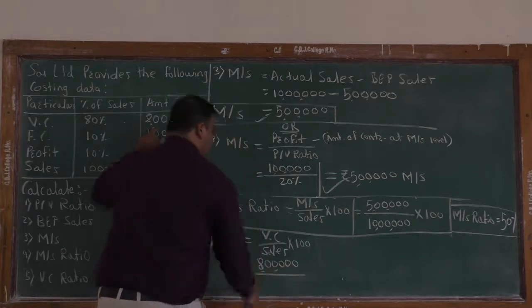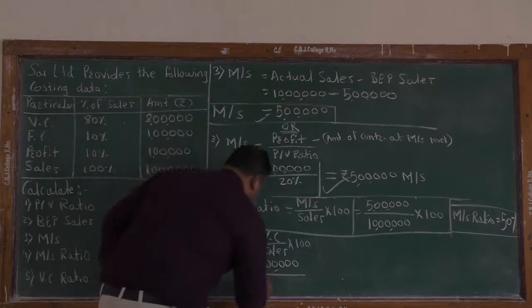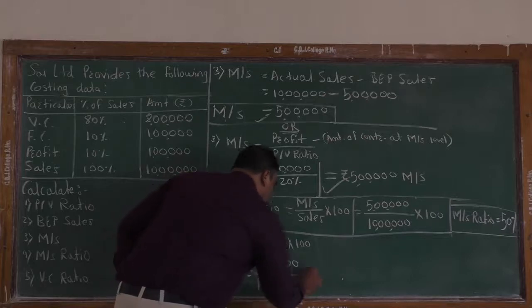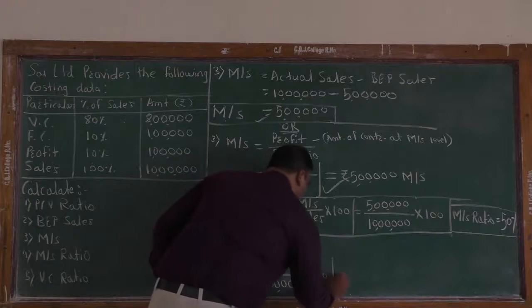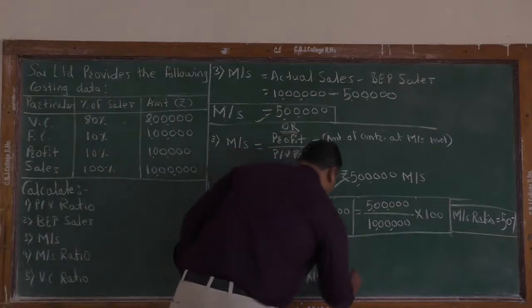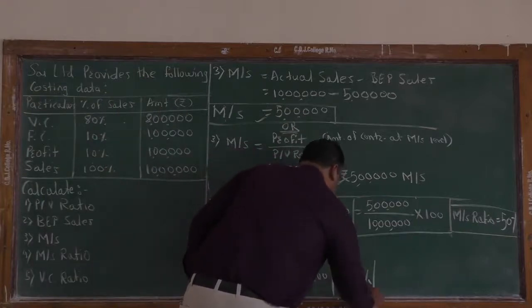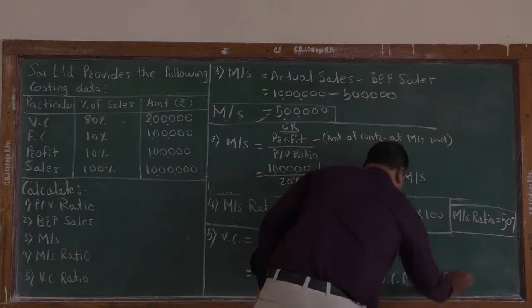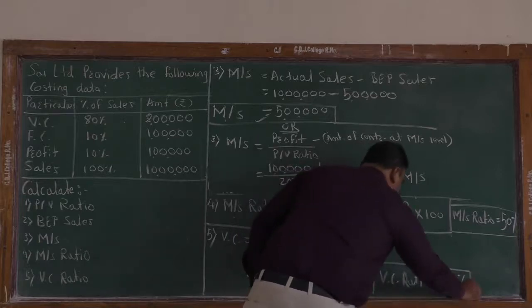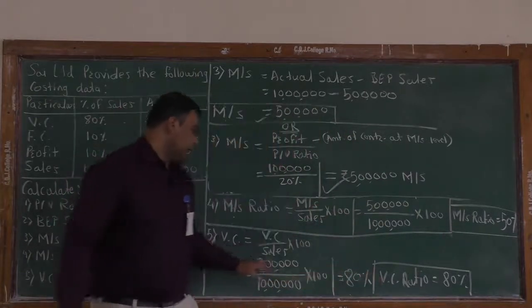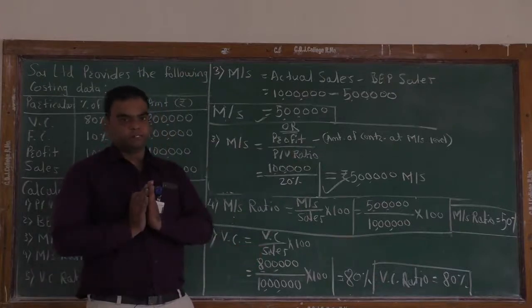So 8 lakh variable cost upon sales, which is rupees 10 lakh, into 100 is equal to 8 lakh upon 10 lakh into 100 is equal to 80%. It means variable cost ratio is 80%. What does it mean? Variable cost ratio is 80%. It means variable cost is 80% of sales.